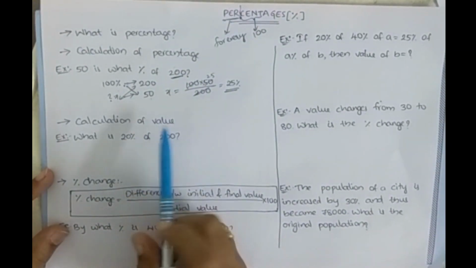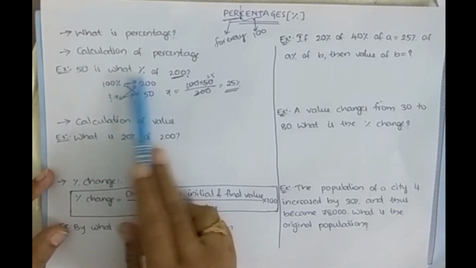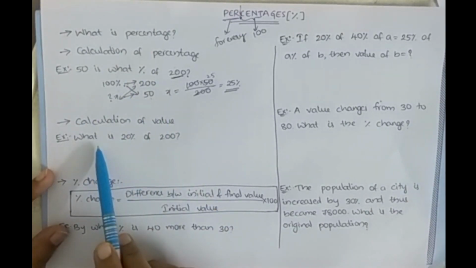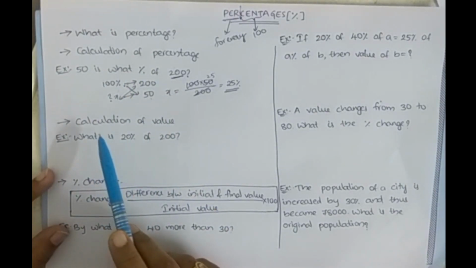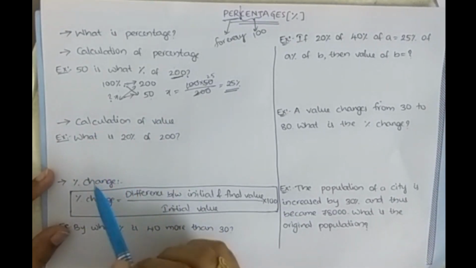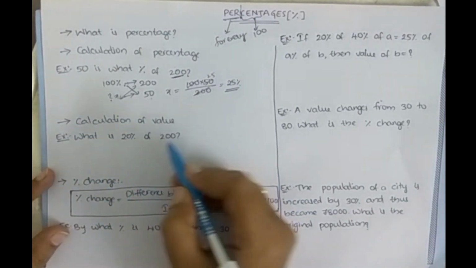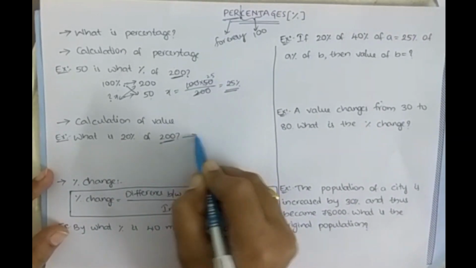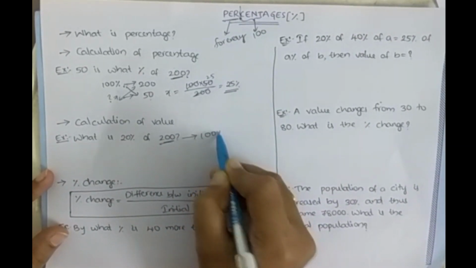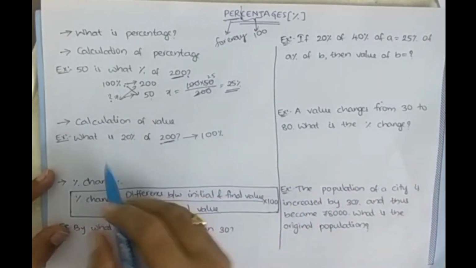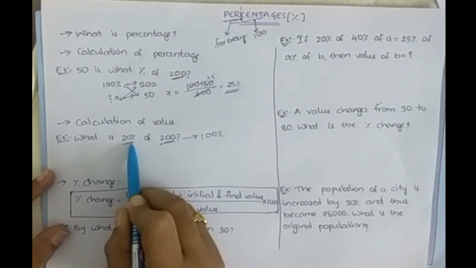Let's go to the second problem, calculation of value. First we calculated what percentage it contributes. In the second problem, we are going to calculate the value when the percentage is given. Here also the same case, take the known value as 100 percentage. Now I want to calculate the value of 20 percentage.